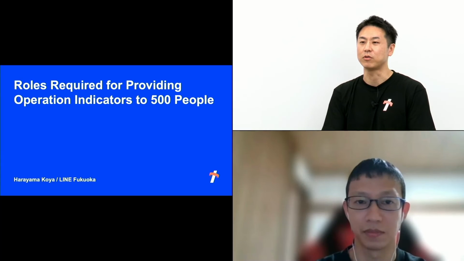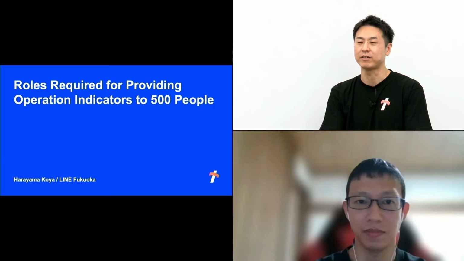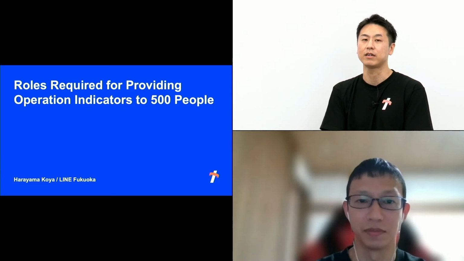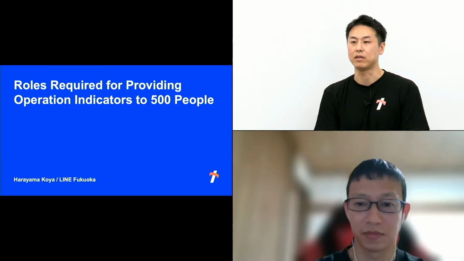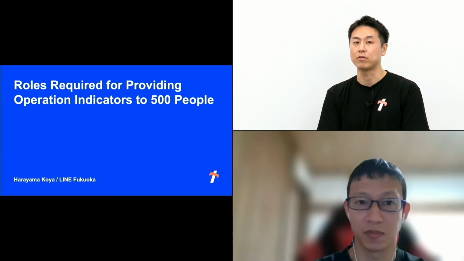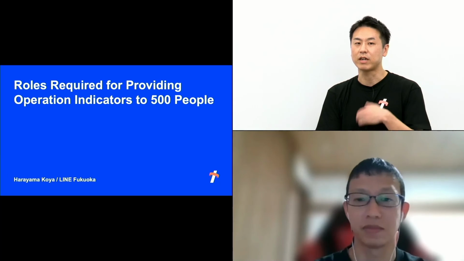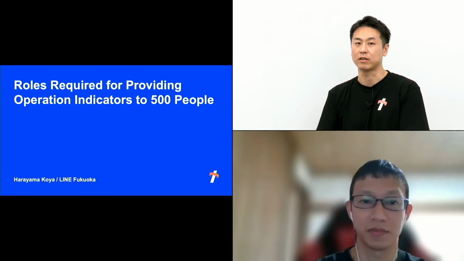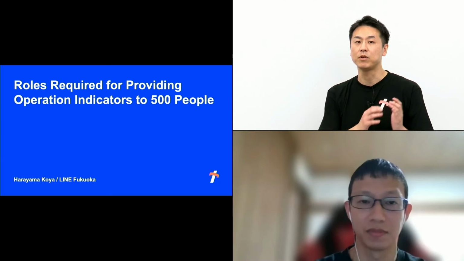But when it is put into the data lake, we don't process the data, but we just bring it as is and put it in without any processing. That's how we do the ingesting. Therefore, the data lab understands the details of the contents of the data. That's how we share the roles.